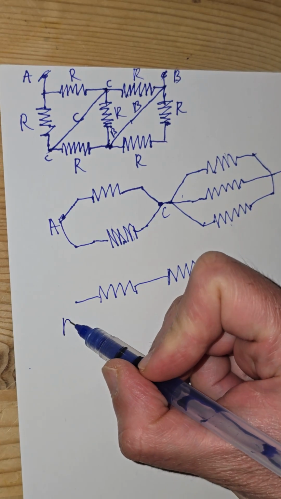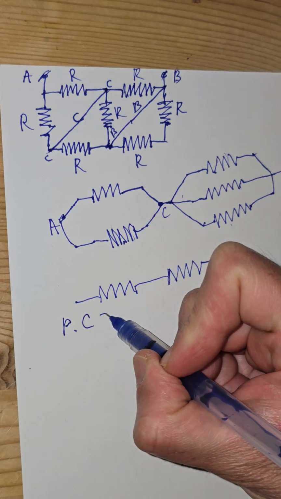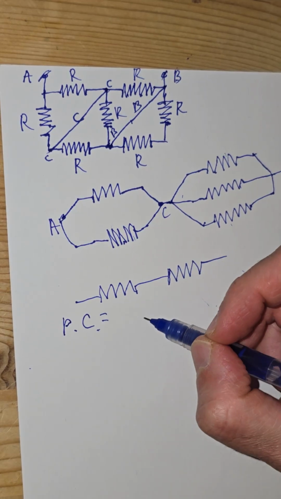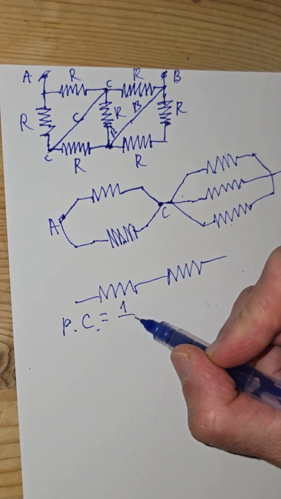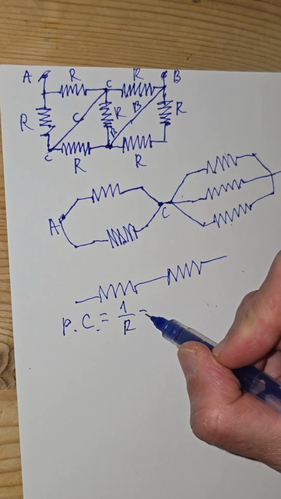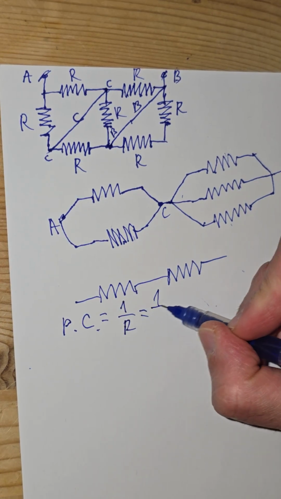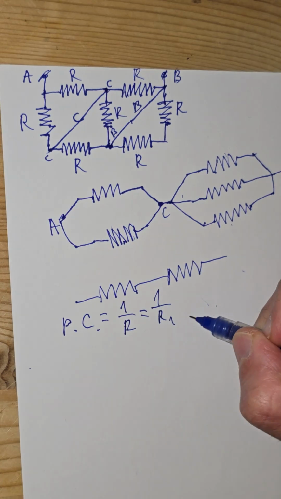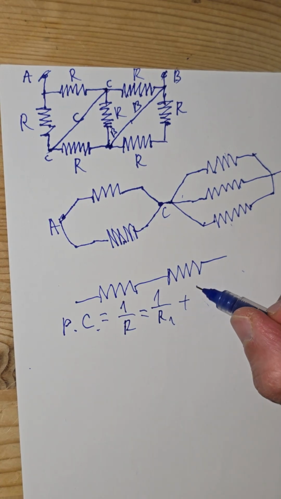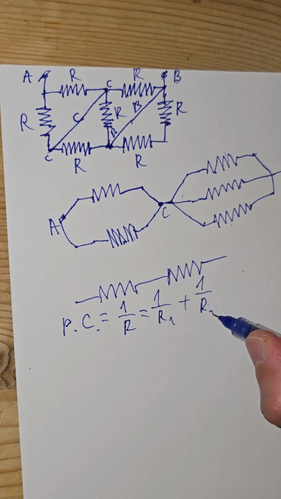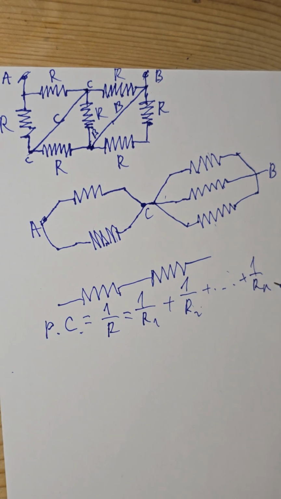For a parallel circuit, the formula is like this: 1 over R is equal to 1 over R1 plus 1 over R2 plus, and so on, plus 1 over Rn. This is for parallel.